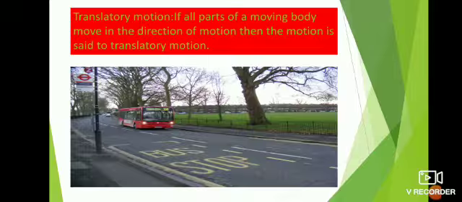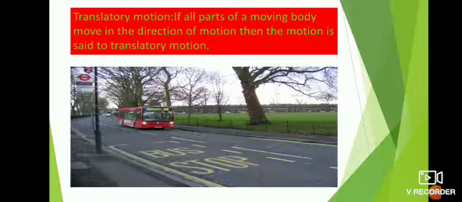From that position, when it crosses the tree, up to that position, all the parts of the bus like wheels, headlights, windows are also in motion along with the bus.